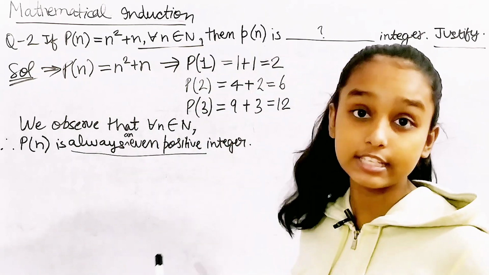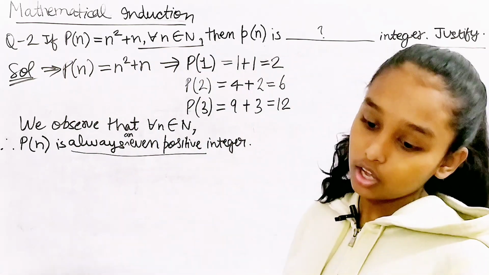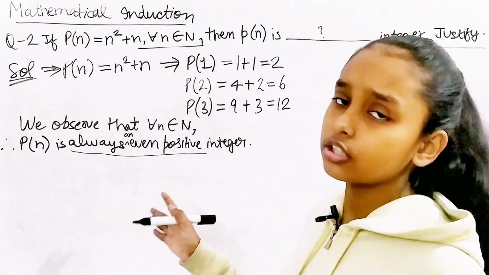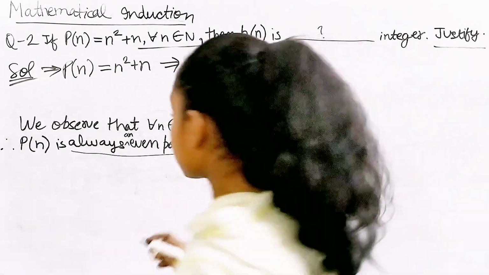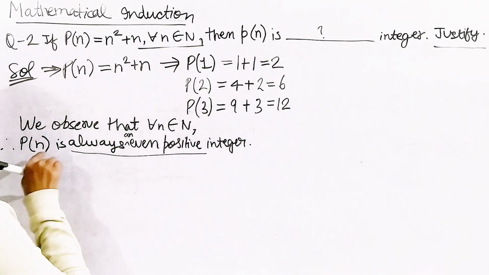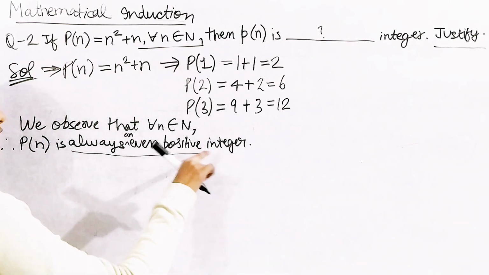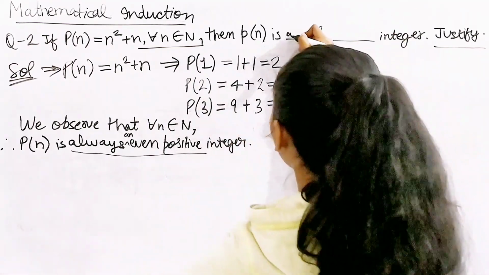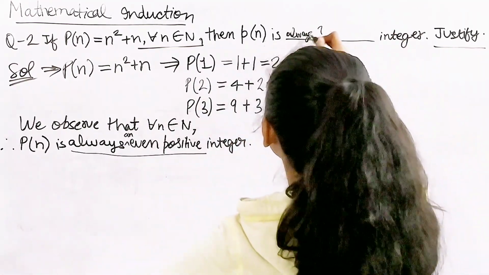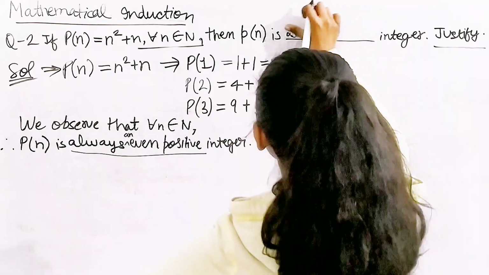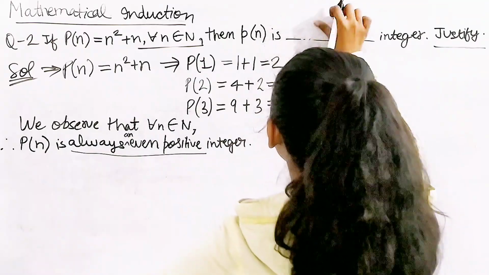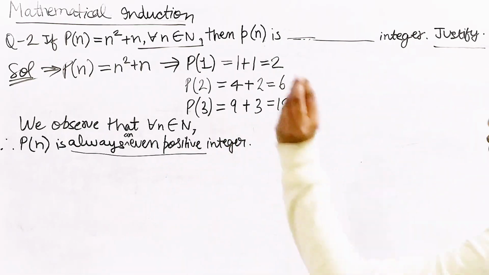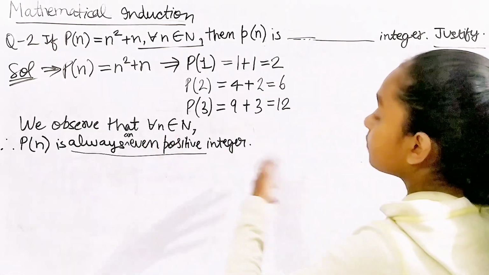Got it? Okay. So P of n is always an even positive integer. I think there's no need to write "always", so let me leave it the way it was. So we got the answer that P of n is an even positive integer.